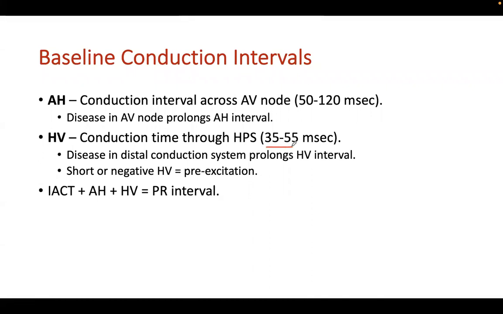And then if it's prolonged, then there is distal conduction system disease, beyond the His, meaning there is prolongation of electrical activation after the His. This is usually seen in adults and ischemic patients. Obviously if it's short, then you think of WPW.